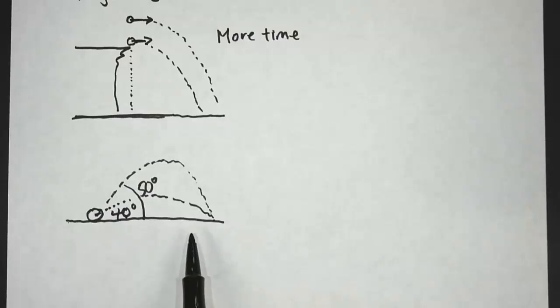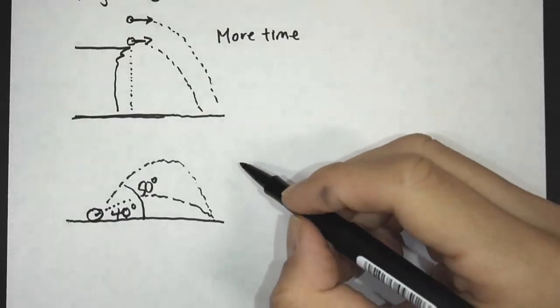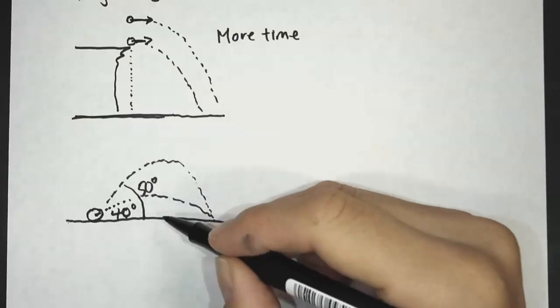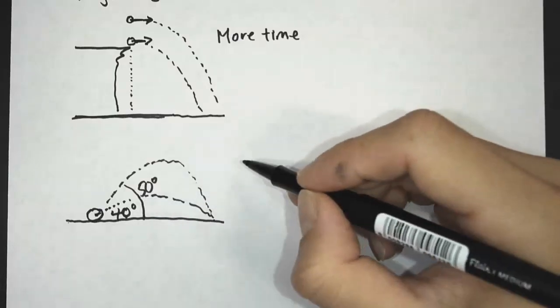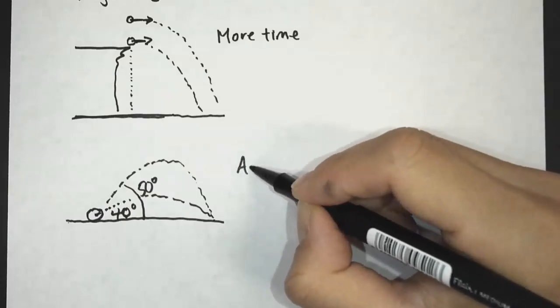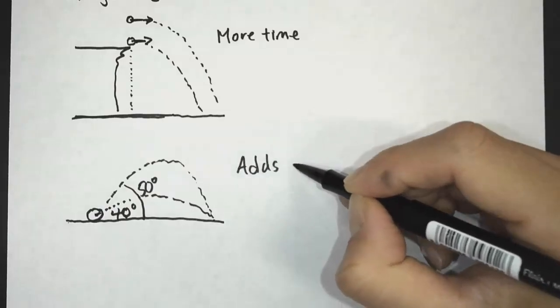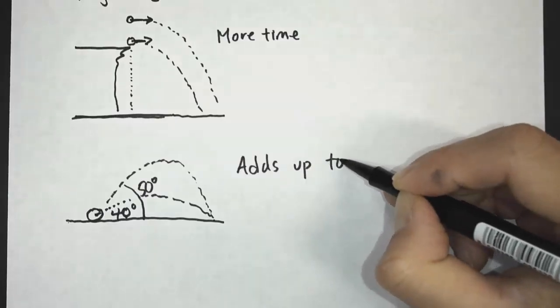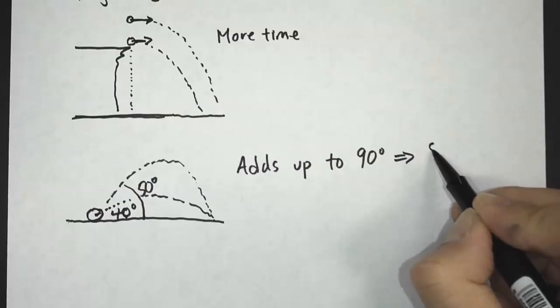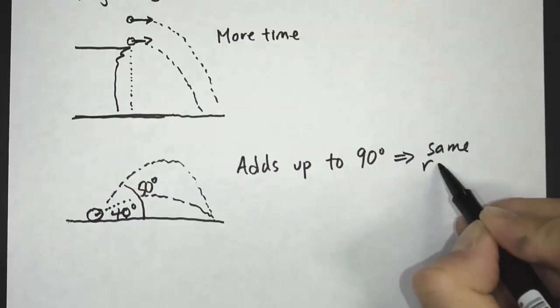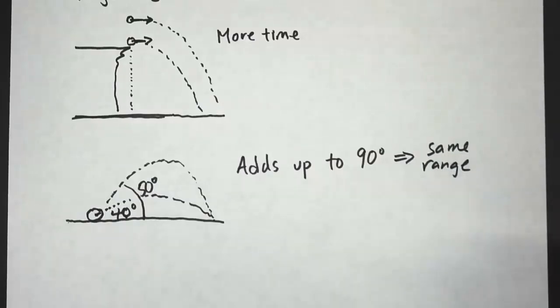We call that the range. So they will have the same range. And it's not just 40 and 50. In fact, you could do it with 20 degrees and 70 degrees. If you have two angles that add up to 90 degrees, then they will have the same range. The range is just the horizontal distance.